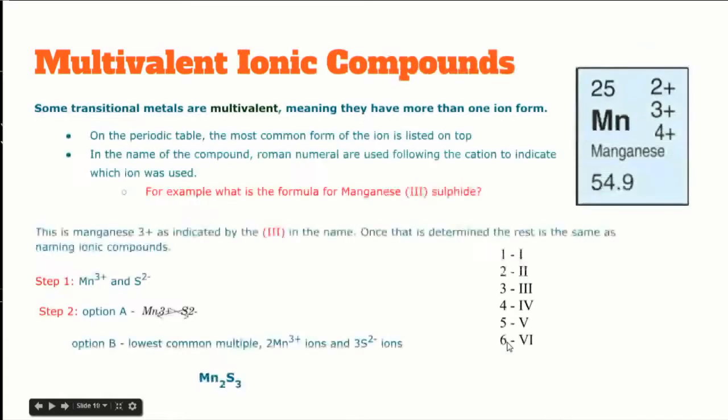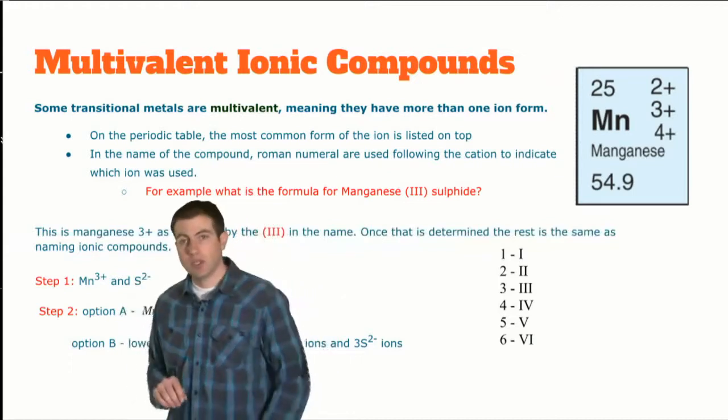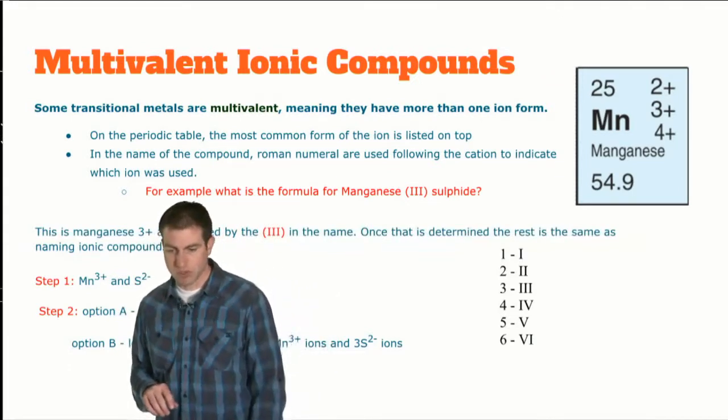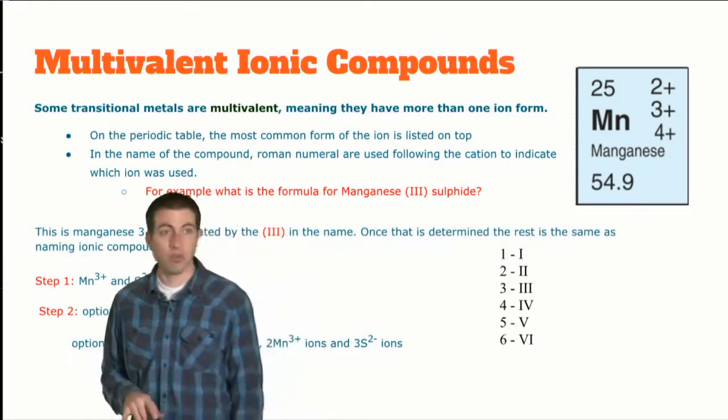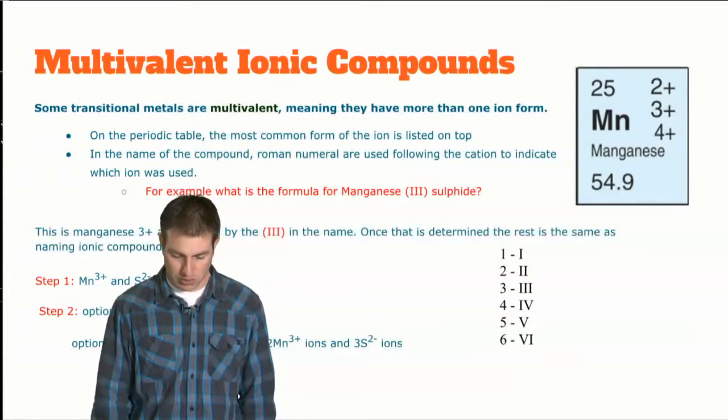I need to go one more. 7 is VII. So you need to add a 7 in there. I'm just scanning through the periodic table, and I've noticed one with a charge of +4 and 7. So VII is 7. So that gives you the first few Roman numerals. You'll actually need to know them up to 10 once we start dealing with covalent compounds, but for now, that'll be a good start.